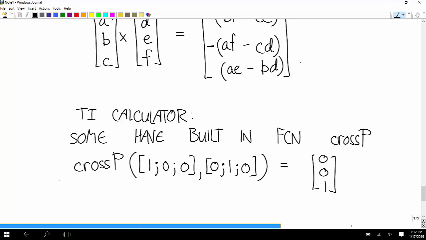It's just going to be a pain in the butt to do this over and over by hand. So come talk to me and we'll get this entered, and then it'll be a one-stroke thing to do a cross product, because cross product is going to come up in the moment equation multiple times in every problem we do.